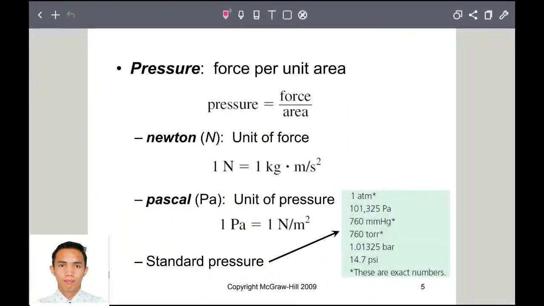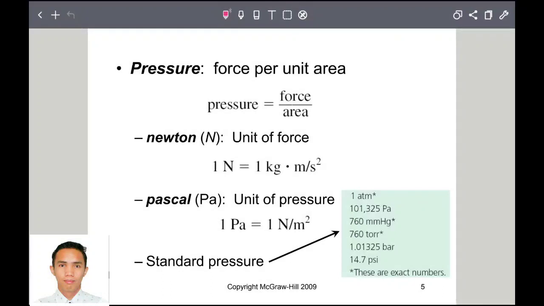Now we're going to use the formula of pressure, force per unit area. The formula of pressure equals force divided by area. The unit for force is Newton, and the unit for pressure is Pascal or Pa, which is Newton per meter squared.